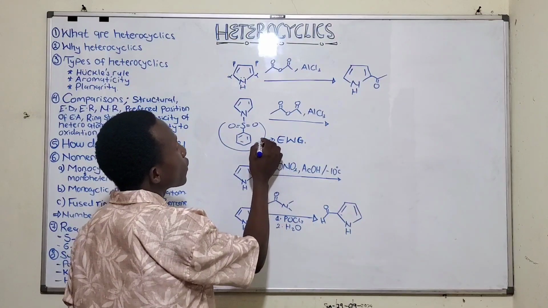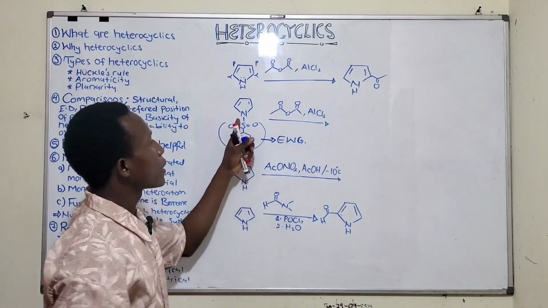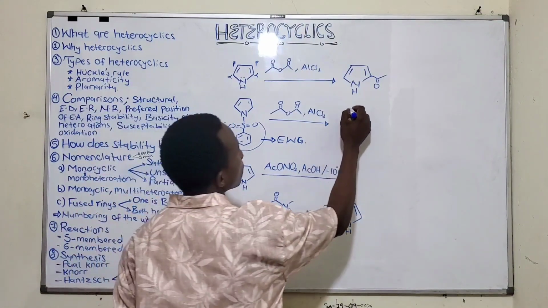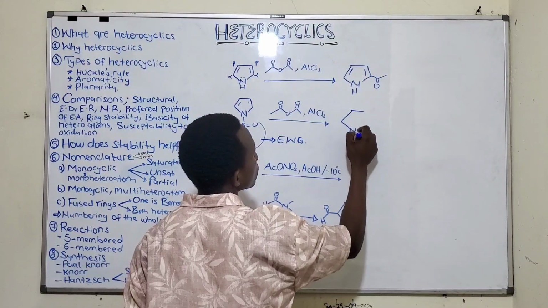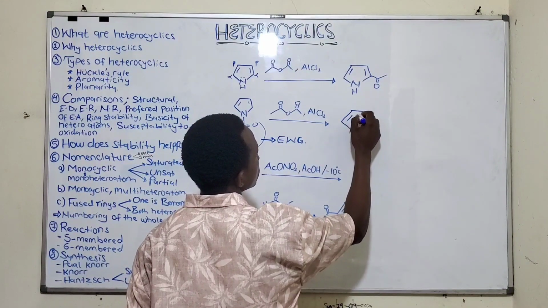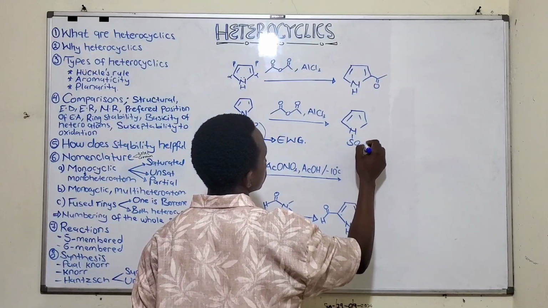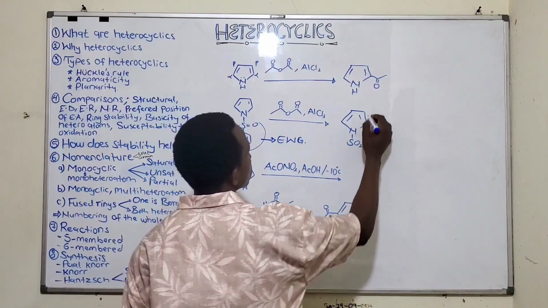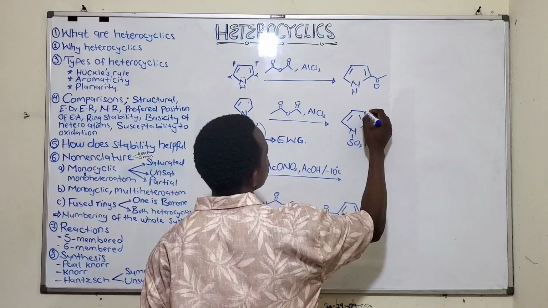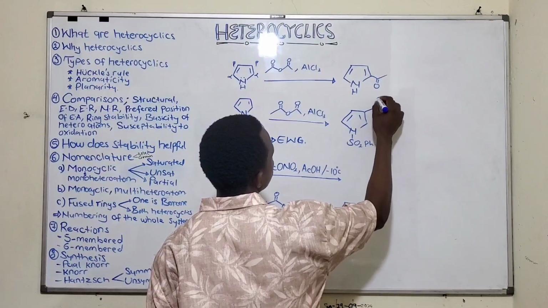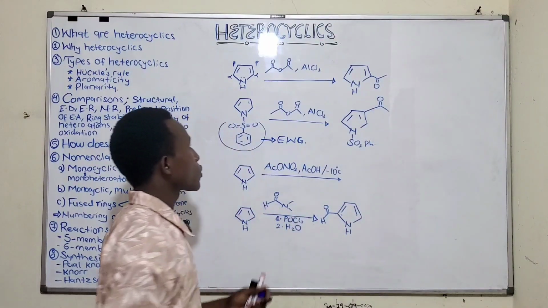Therefore, if you have an electron withdrawing group at the nitrogen, the preferred position will be position 3, will be this position, not position 2.